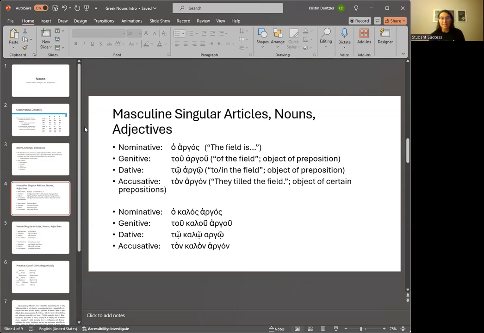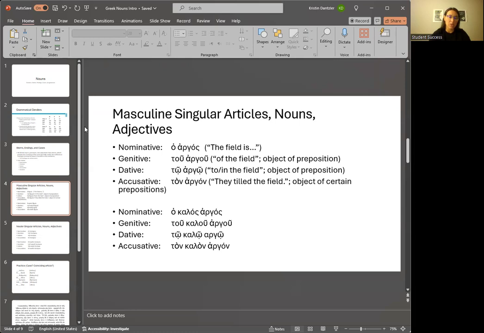Masculine and neuter are going to be the genders that you see the most. So masculine, nominative, the article is ho. Again, just "the," that's all it means. The ending that goes with nominative is os, omicron, sigma.